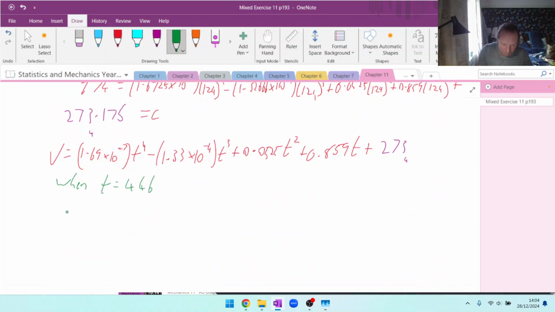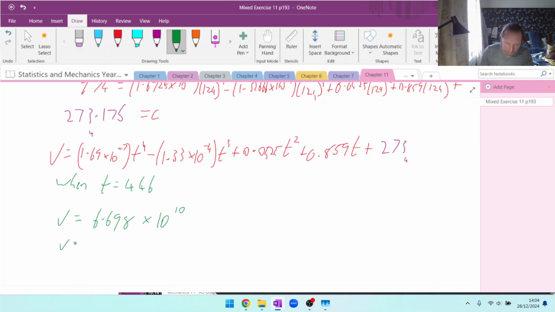So the velocity equals 6.698 times 10 to the power 10. What does it want it to? To 3 significant figures.